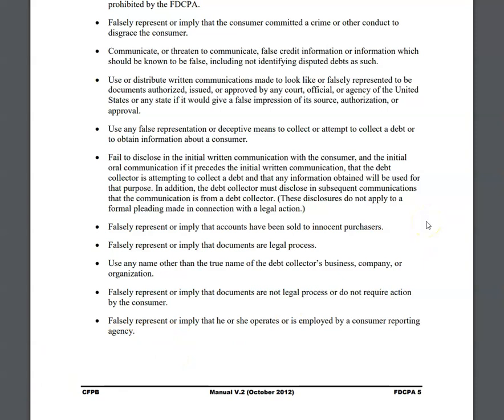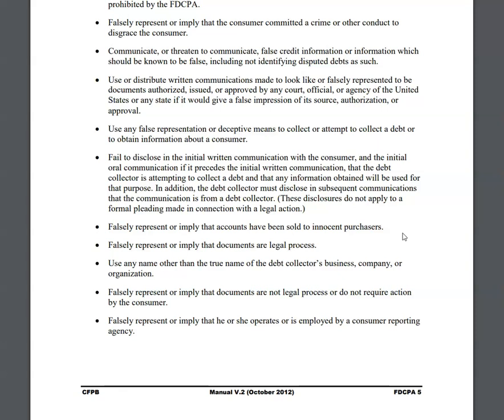Looking at the definition, an innocent purchaser is a purchaser of a property who purchases for value without notice of any other party's claim against the property. So if they know that someone else has rights to the debt, they can't claim that someone else doesn't have rights. I don't think that would happen too many times.